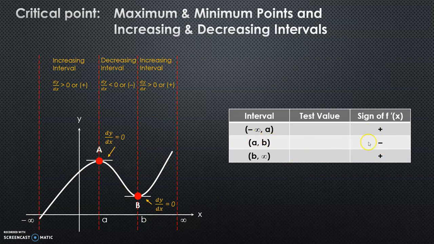So A is the maximum point, starting with positive and then negative. Whereas for point B, it starts from negative and then positive, which is a minimum point. If the interval is positive and then negative, then point A is a maximum point.